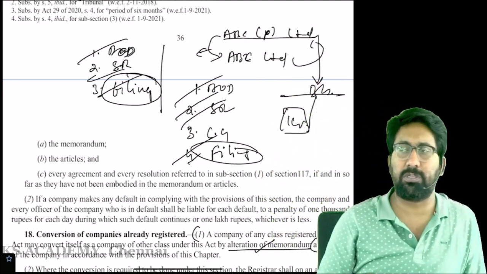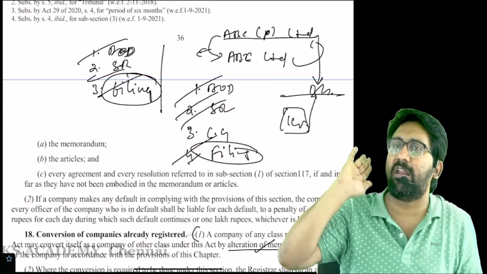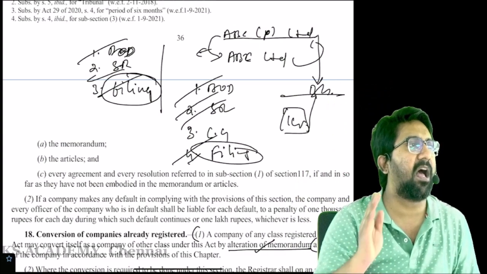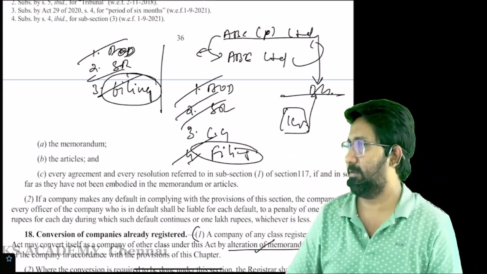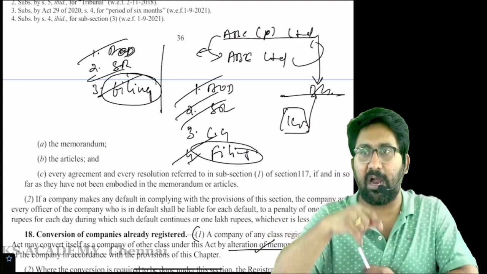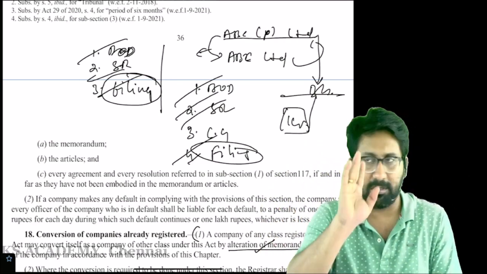Next, answer my question. After that, the third one. Alteration of articles is required or not required? When I want to convert a section 8 company into a profit making company, will the articles change or not? They will necessarily change. So alteration of articles and alteration of memorandum, both are required. We will alter both.